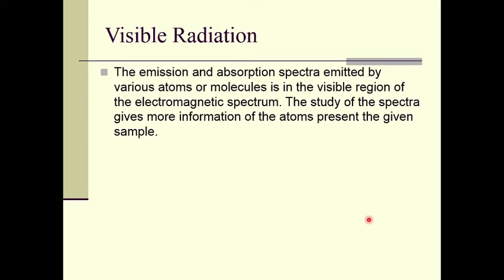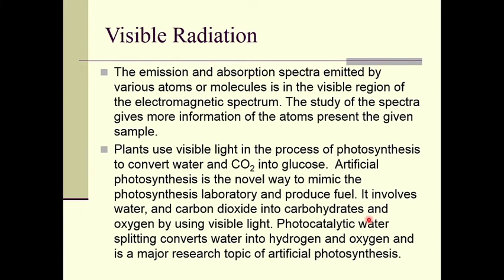That means if we do emission or absorption spectroscopy of the visible radiation coming from various atoms or molecules, then by using that spectra we can detect the information about the atoms present in the given sample.